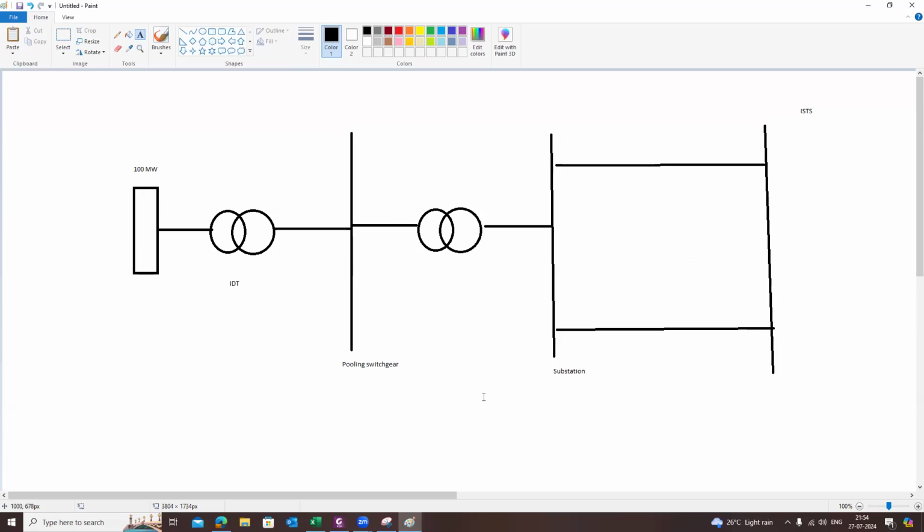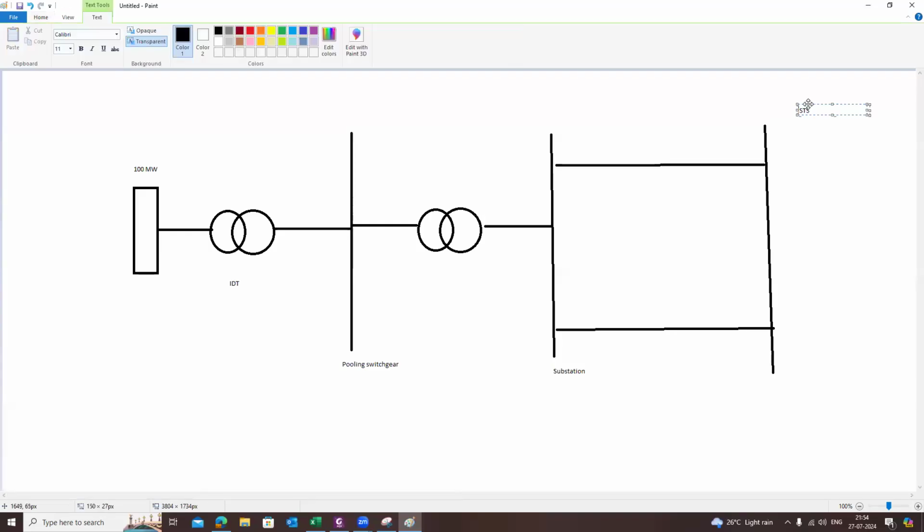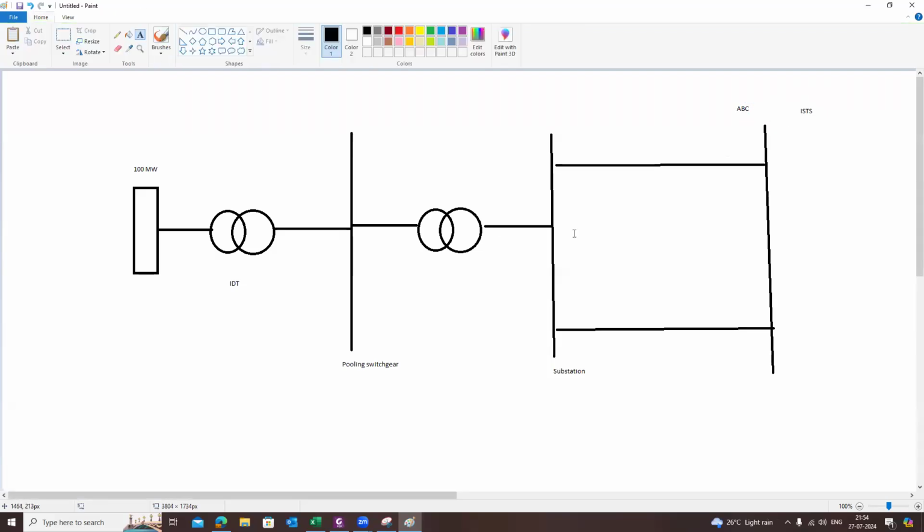But when you are doing the planning, suppose I consider the substation as some ABC substation. When I'm doing the transmission planning, as per my forecast, I assume that some 100 megawatt solar plant will be connected at the ABC substation.